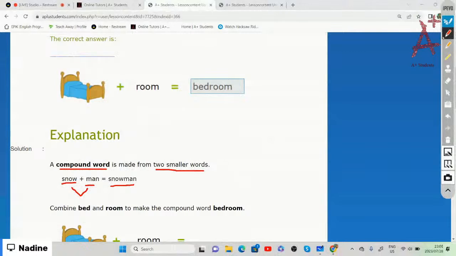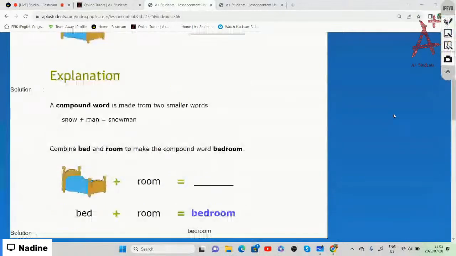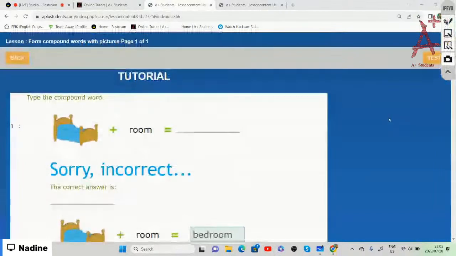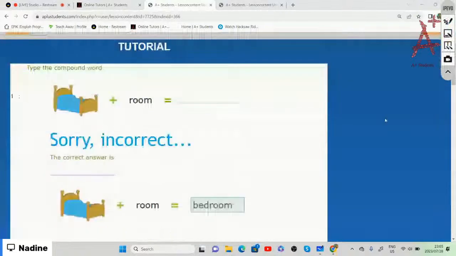All right, so now, remember our lesson is to form compound words with pictures. If we look at the first picture plus word, we have a bed plus the word room.